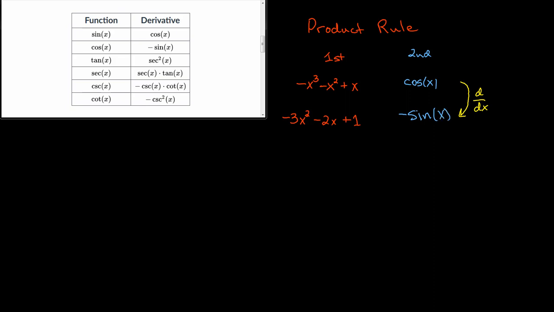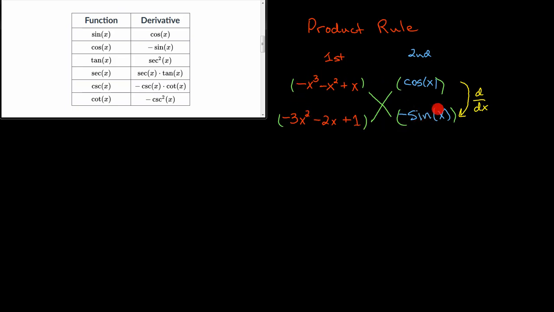Now the way I think about the product rule is that I multiply along the diagonals, and then I add the results together. This is the way I like to organize my work. These are all my ingredients: the first function, the second function, the derivative of the first function, and the derivative of the second function.